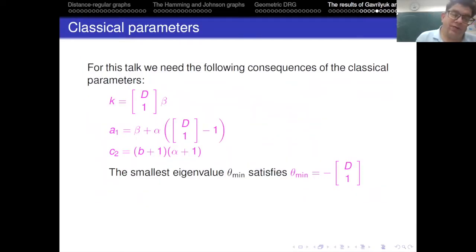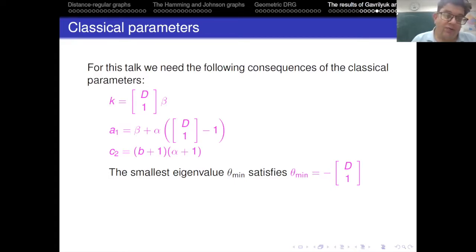So what do we need for this talk? For this course, we need the following consequences of the classical parameters: k is d choose 1 times beta, a1 is beta plus alpha times d choose 1 minus 1, and c2 is b plus 1 times alpha plus 1.